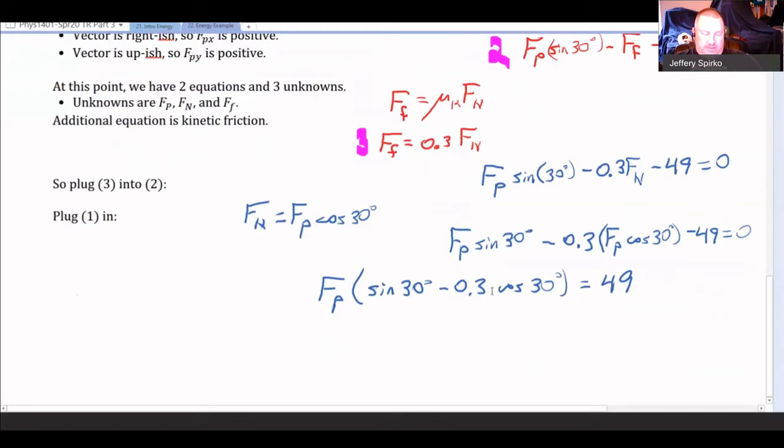So now I'm just going to calculate this real quick on my calculator. Sine 30 minus 0.3 times cosine 30 is 0.2402. So now I can just take my 49 newtons and divide it by that answer.